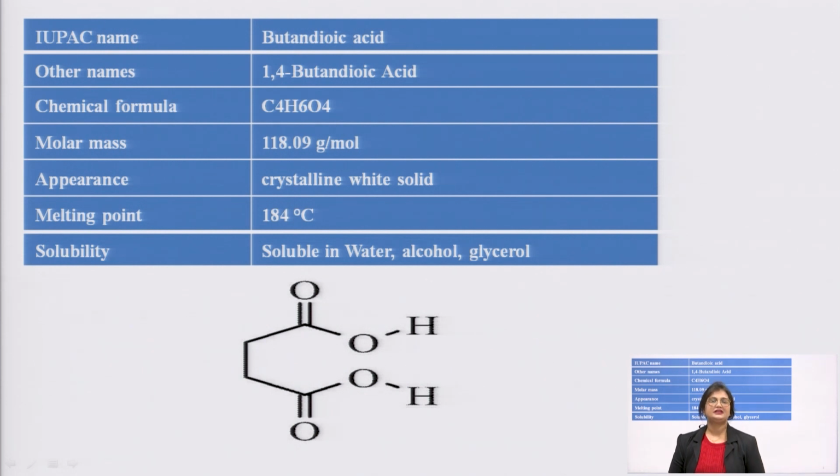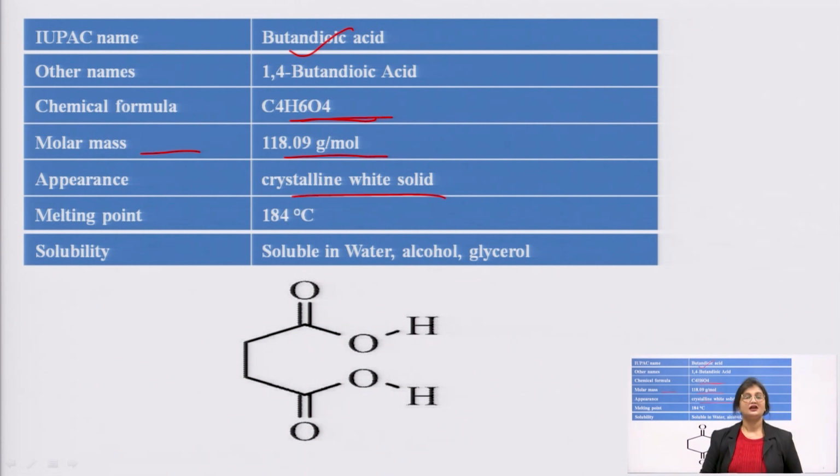The IUPAC name of succinic acid is butanedioic acid. It is also known as 1,4-butanedioic acid. It has a chemical formula of C4H6O4 and a molar mass of 118.09 grams per mole.